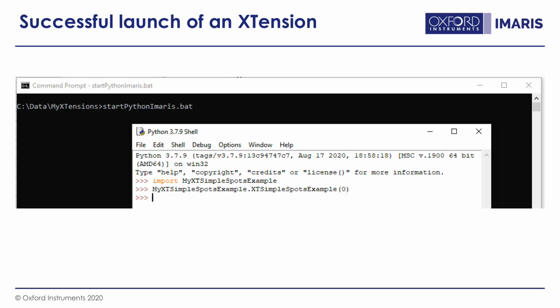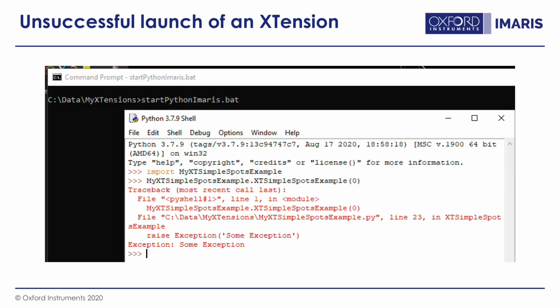If you have some error in the extension, then it will show this error. So here I have just put a raise exception, some exception inside the code of the extension. And just raising an unhandled exception will cause the Imaris script, the Python script, to fail.